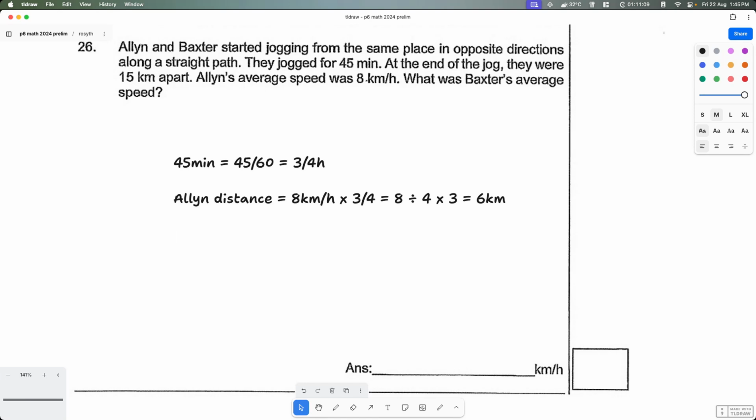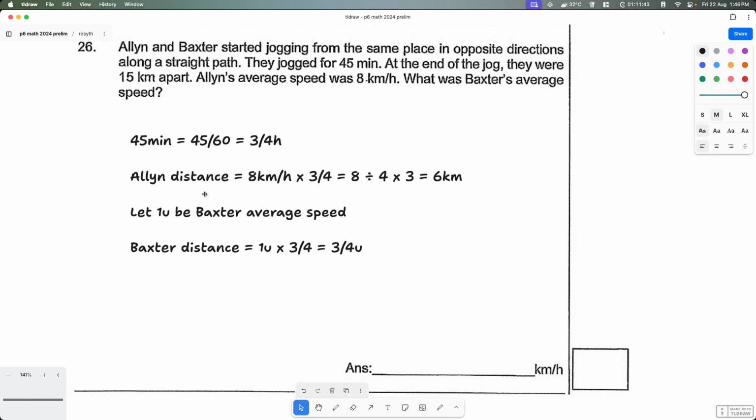And then we want to know what's Baxter's average speed, right? Let 1 unit be Baxter's average speed. So that means Baxter's distance is equal to 1 unit times 3 out of 4, which is just 3 out of 4 units, or kilometers.